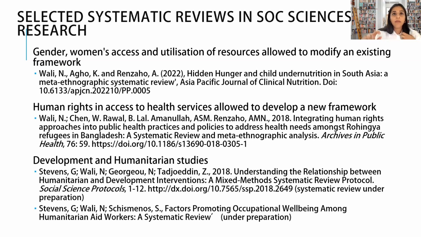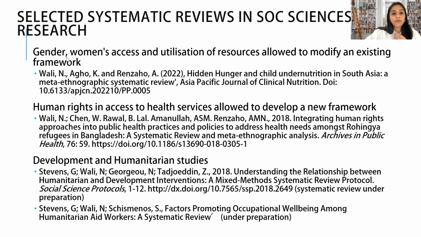Why I've especially highlighted the first two papers is because a systematic review also allows you to generate new evidence from existing evidence. Although you are looking at existing literature that is out there, the method of analysis that you do allows you to create new knowledge in many ways.